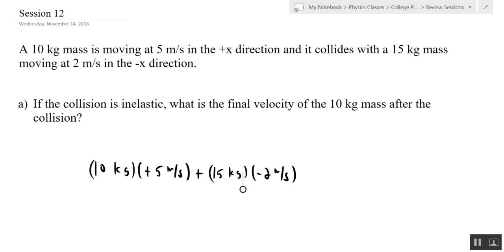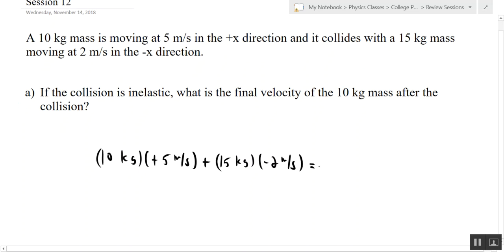So it's minus 30. So the original total momentum of both of them is 50 minus 30, which is 20. And that's equal to their final momentum, but they're stuck together, so their final momentum is going to be the sum of their masses, because they're essentially one mass of 25 kilograms moving at some velocity.